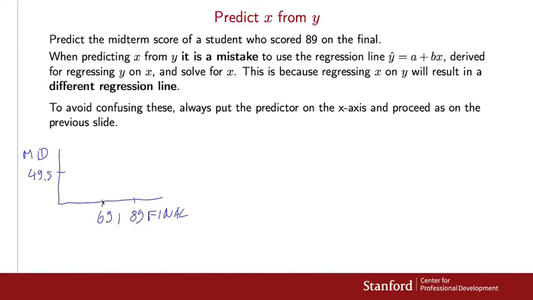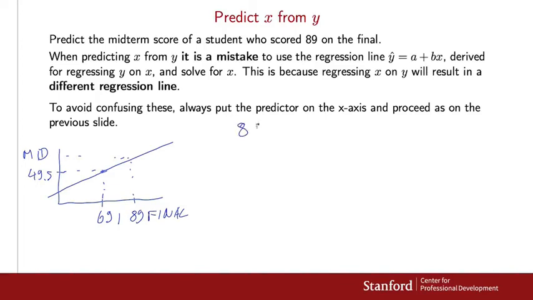We know that the regression line goes through the point that is the average on the horizontal axis and the average on the vertical axis, and it slopes upward because r is positive. So the regression line looks somewhat like this. Since we base our regression on a final exam score of 89, we expect to end up somewhere above average for midterm. Exactly how much above average is this calculation which we just did before.